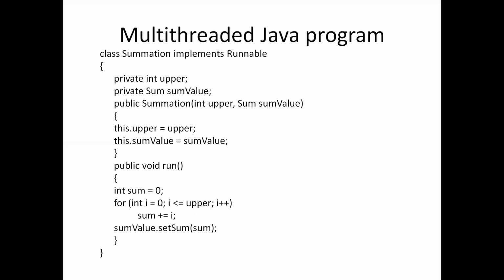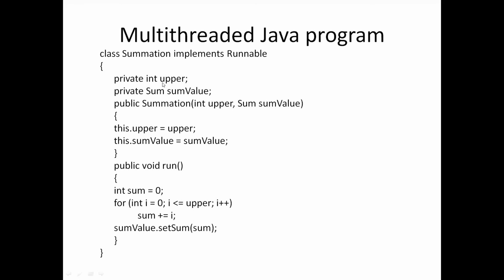Here we are using the Summation constructor and it accepts two parameters, that is upper and sumValue. Here the instance variables and local variables have the same names. We can access the instance variable by using the this operator.